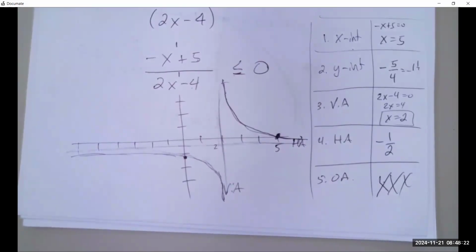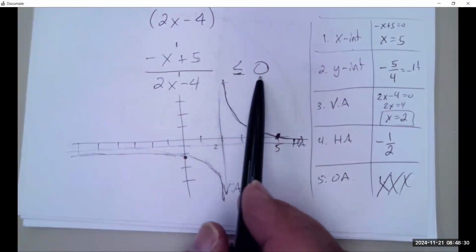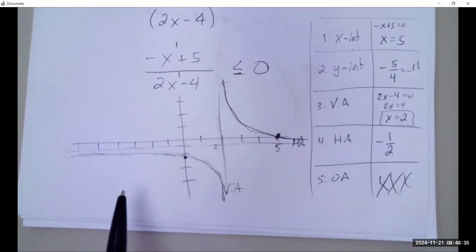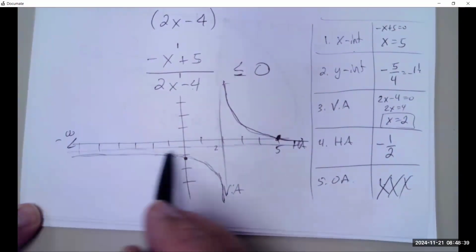What's the answer to my question? Has to be greater than 0. No, it's less than or equal to 0. Oh, not that. I see. So where's our graph below the x-axis? This whole part here from -infinity all the way up to 2.